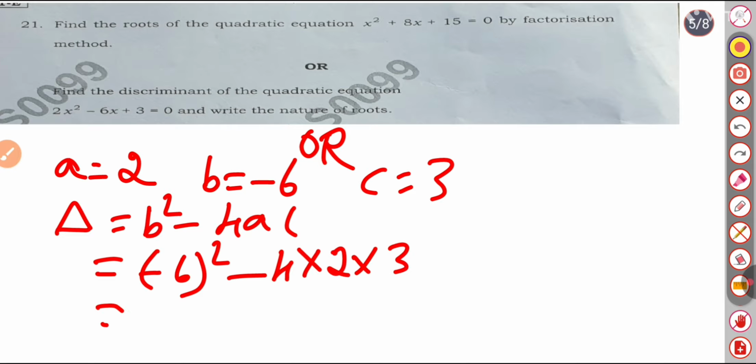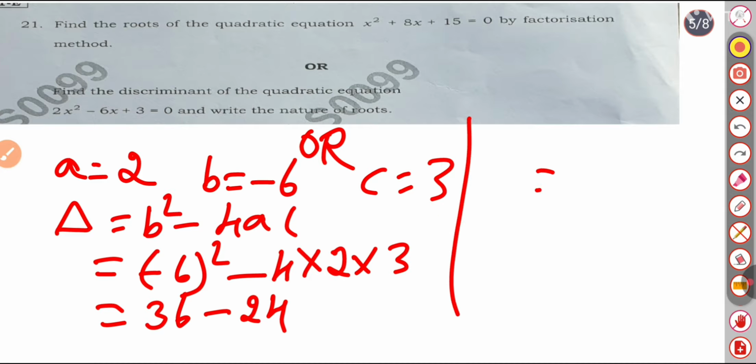So minus 6 multiplied twice becomes 36, and minus 4 times 2 is 8, 8 times 3 is 24. So this is 36 minus 24, which is 12.